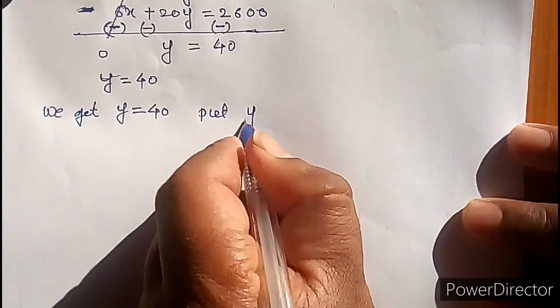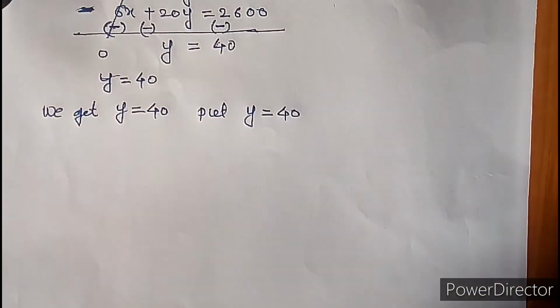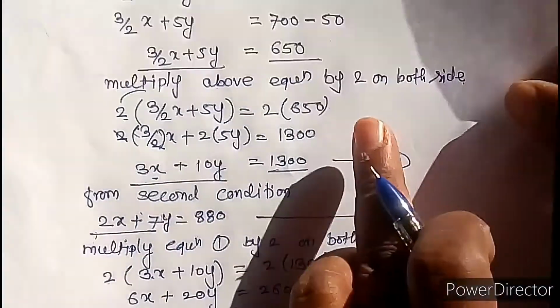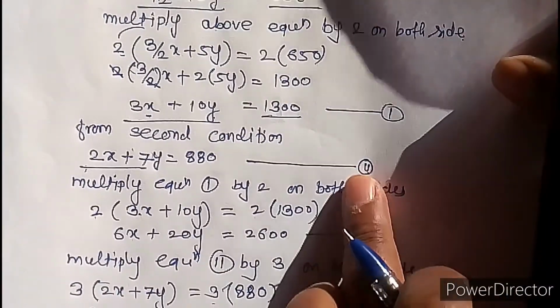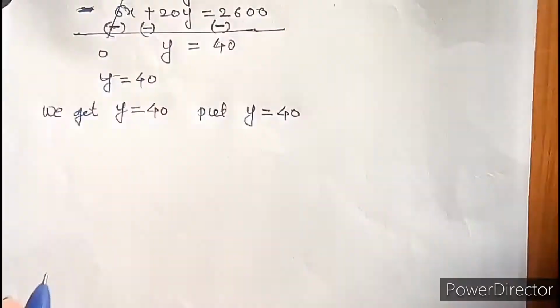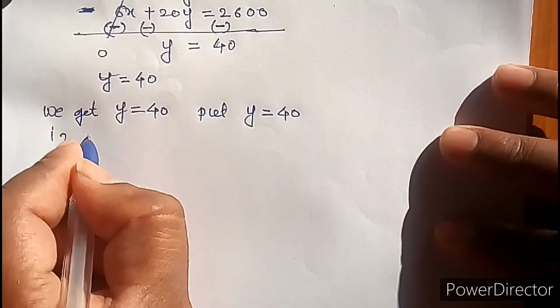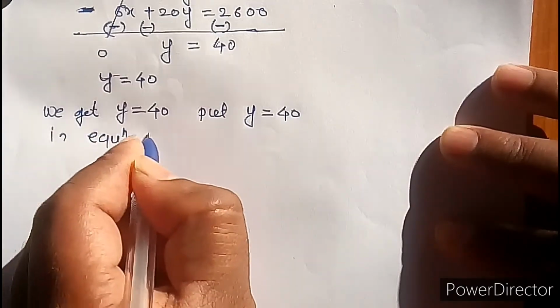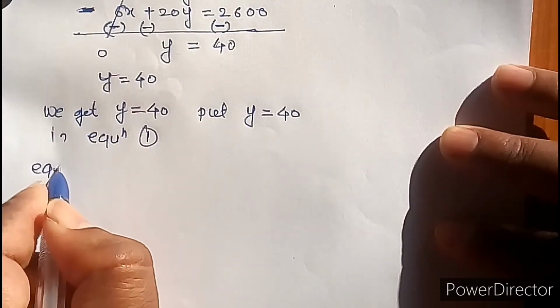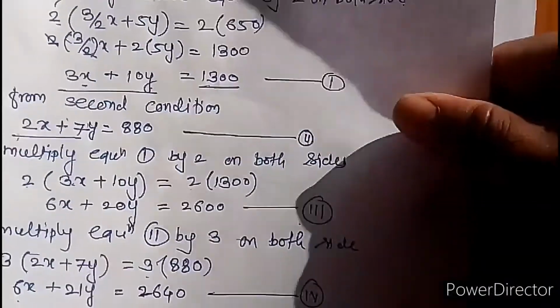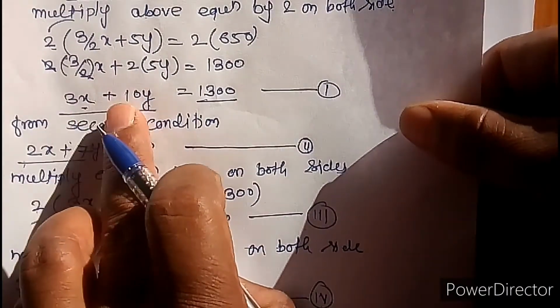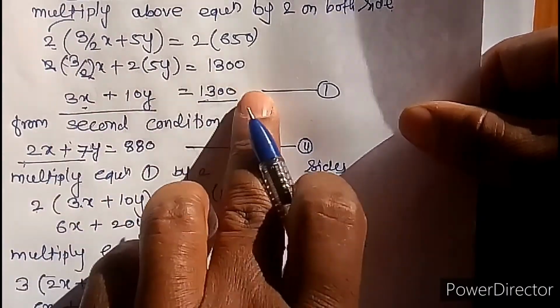Put y equals to 40 in either equation number 1 or in equation number 2. We are putting in equation number 1. Equation 1 is 3x plus 10y equals to 1300.